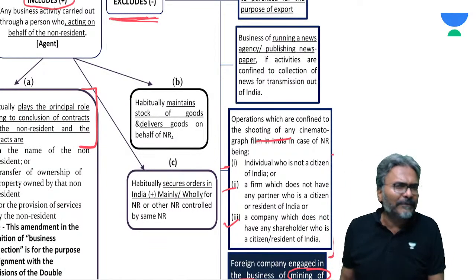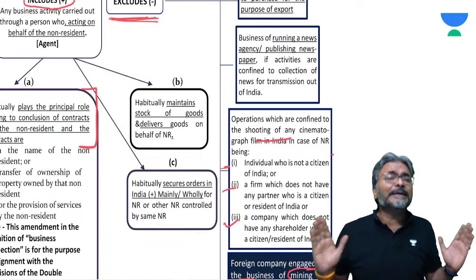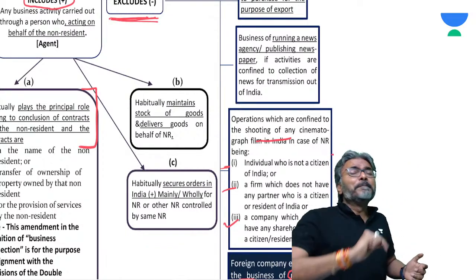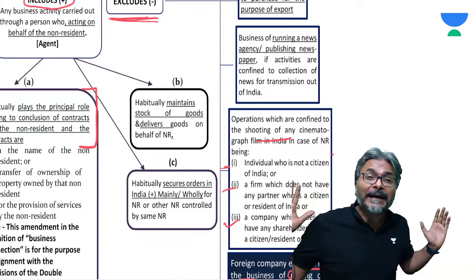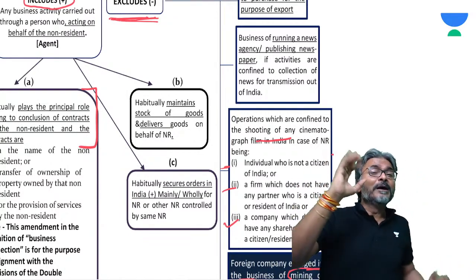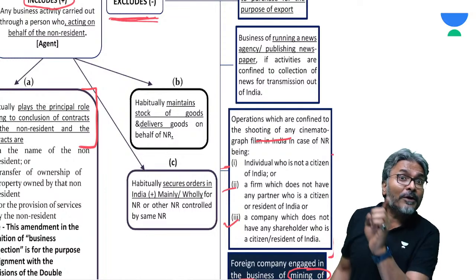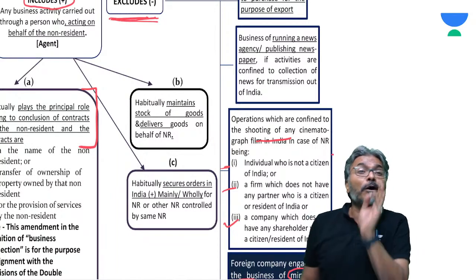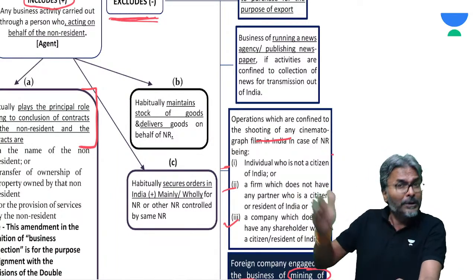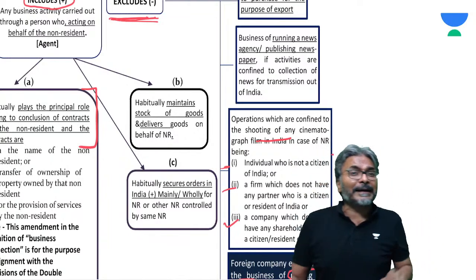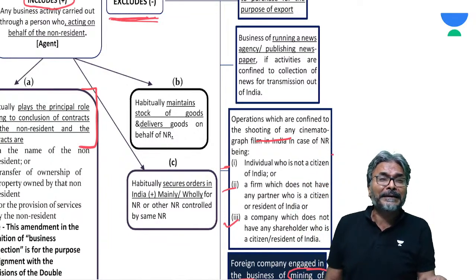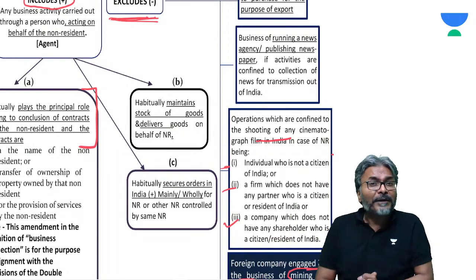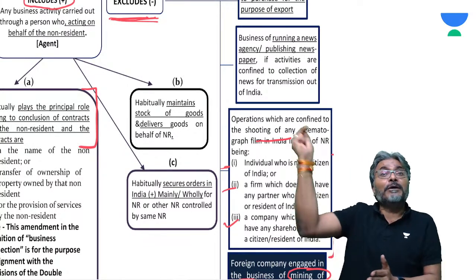And what is this activity that we are talking about, students? Here the agent plays a principal role which leads to the conclusion of the contract on behalf of the non-resident. So what is to be seen is whether that agent is playing a principal role on behalf of the non-resident which leads to the conclusion of the contracts in India.